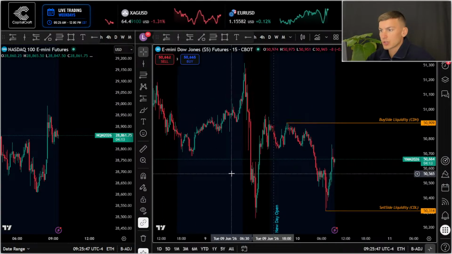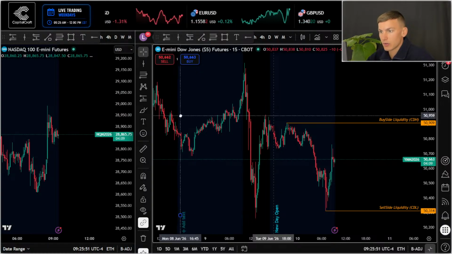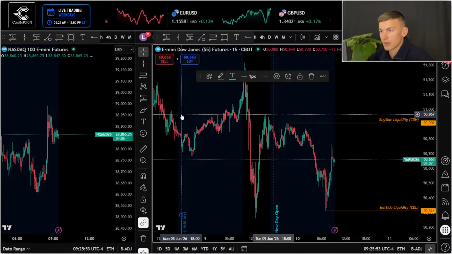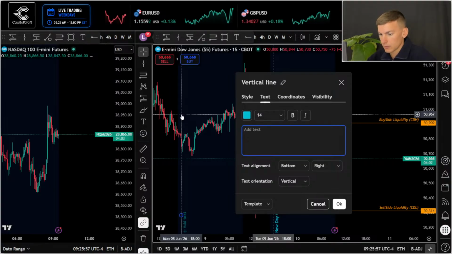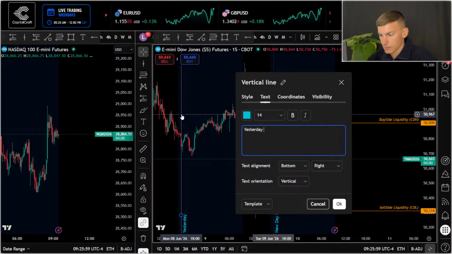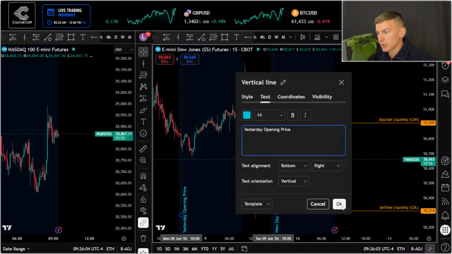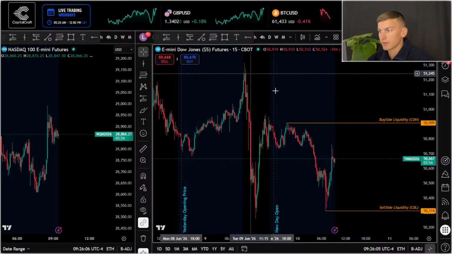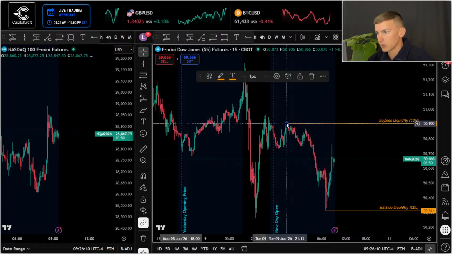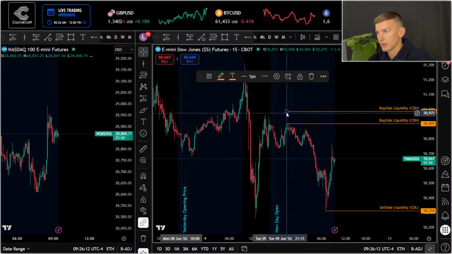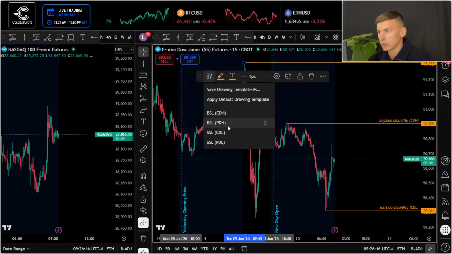Now, what's interesting to note here is we need to take a look at yesterday's trading range. We have still not yet seen a raid on either buy side or sell side for yesterday. So we're going to go ahead and mark that level out as well.